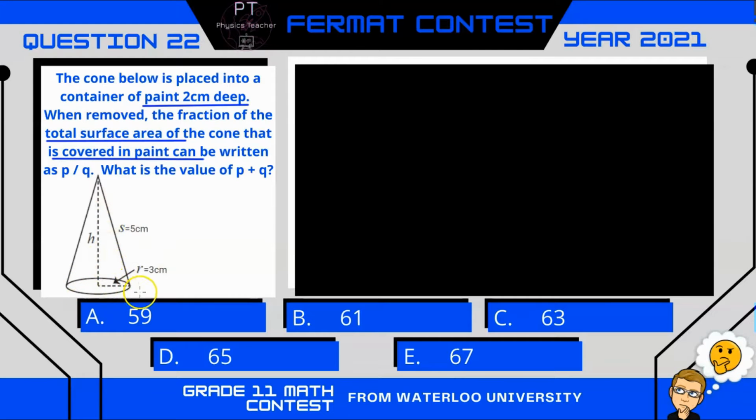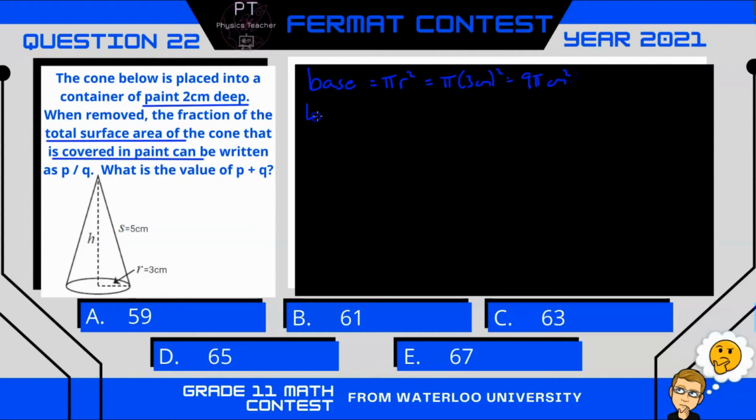So we have the base, which is just a circle, and then the lateral surface area of the cone. Because the base is just a circle, we can solve for its surface area with pi r squared, where r is 3 centimeters. So this will be pi times 3 squared, which gives us 9 pi centimeters squared.